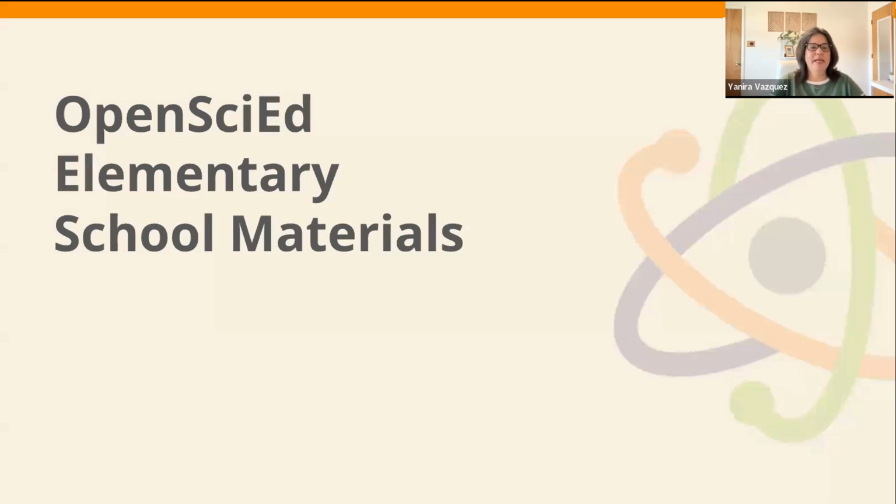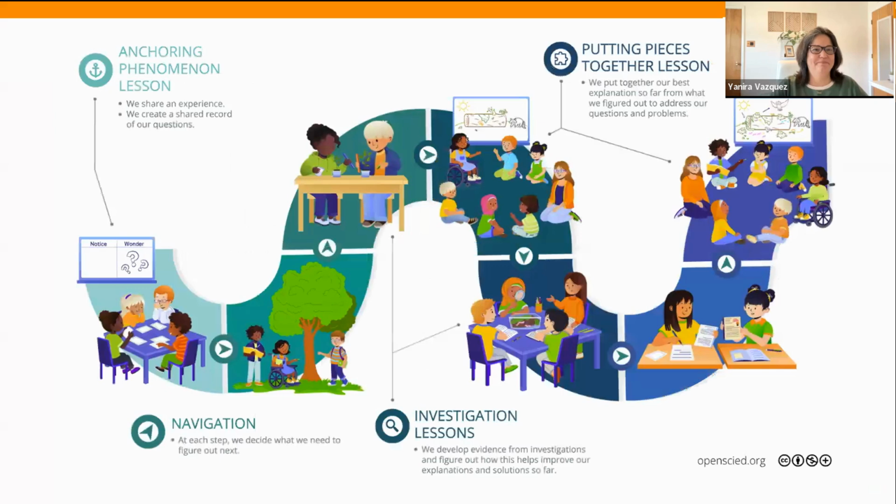Let me tell you a bit about our elementary materials. First, this is our instructional model. This is what we use to develop our units. That means that we start with an interesting phenomenon, and students' questions about that phenomenon help us drive the learning throughout the unit.